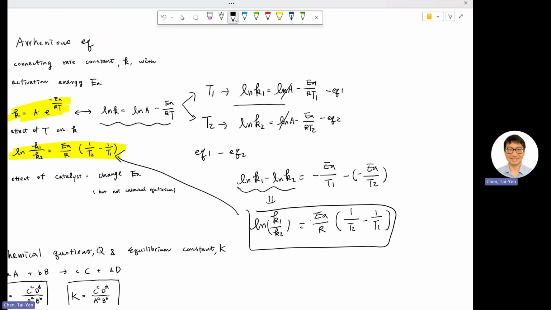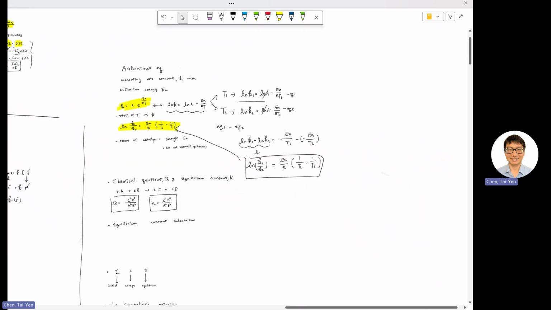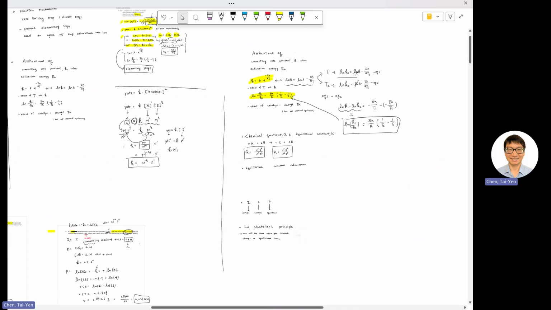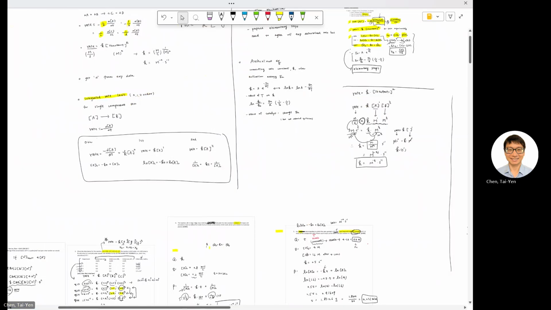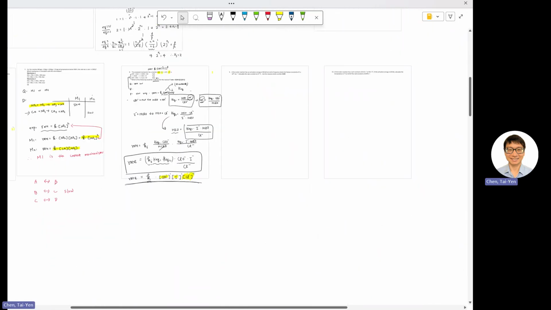You cannot mess up the order, otherwise you won't get the correct answer. So pay attention to this. These are the only things that we haven't talked about much in the previous lecture. So let's go through a few questions so we know how we can identify which equation to use.